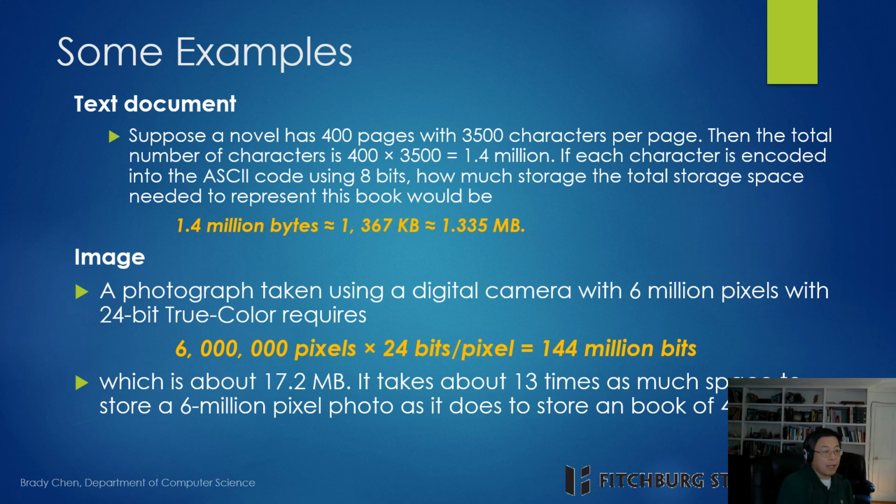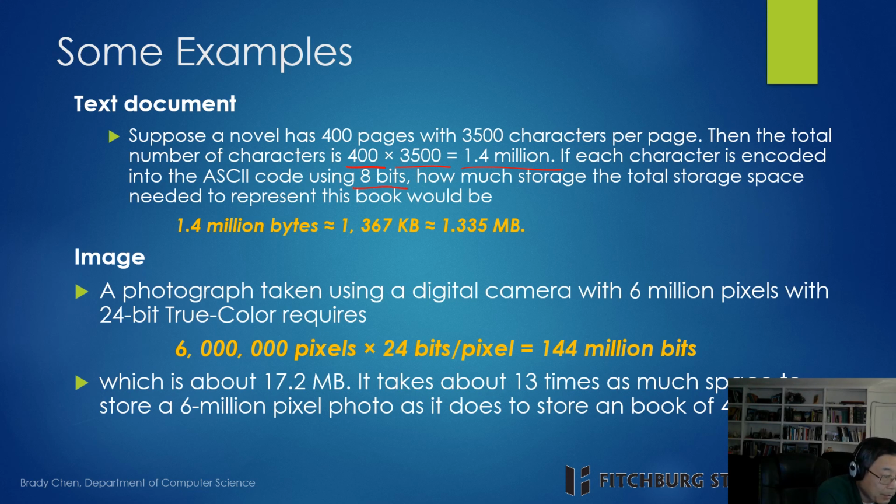So let's look at the answers for these two questions. Now the first question, we have 400 pages and each page has 3,500 characters. So we have 1.4 million characters. Now each character uses 8 bits.